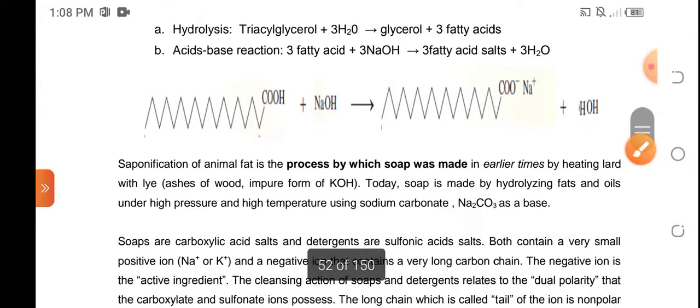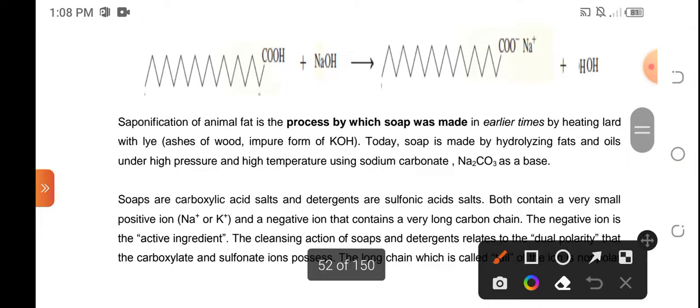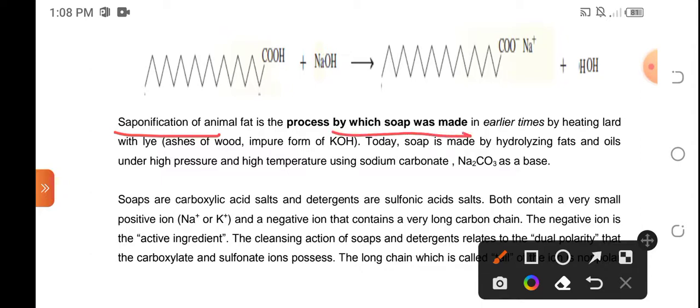Okay, and by definition, saponification is actually the term they use for the process by which soap was made in earlier times. So paano ba nagagawa yung soap? They're going to heat the lard, which we all know galing yan sa animals, and then they're going to react it with lye.